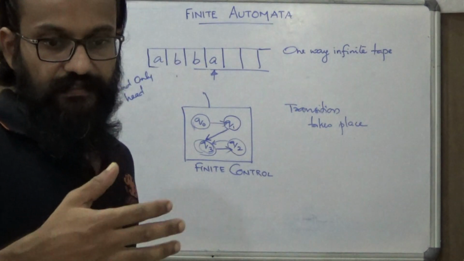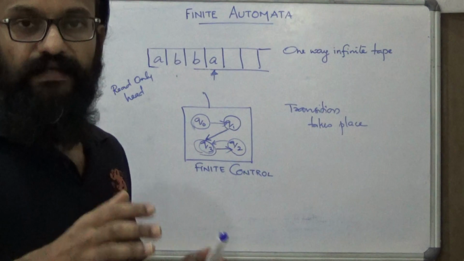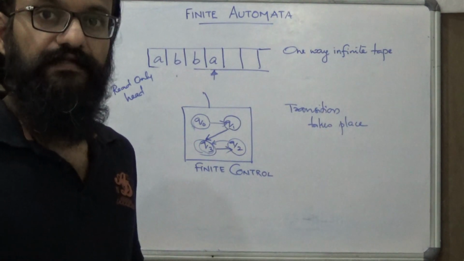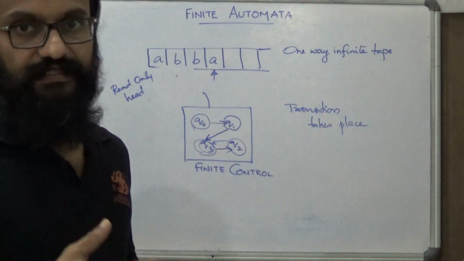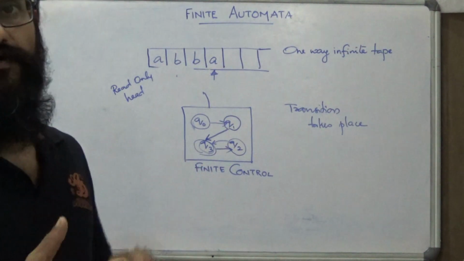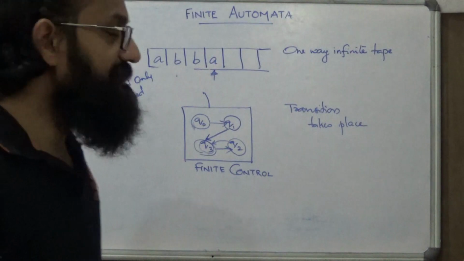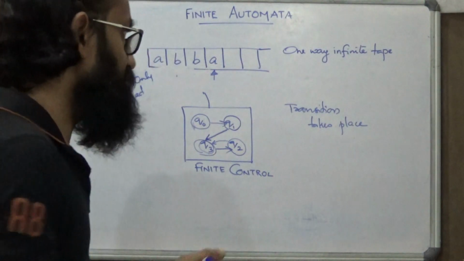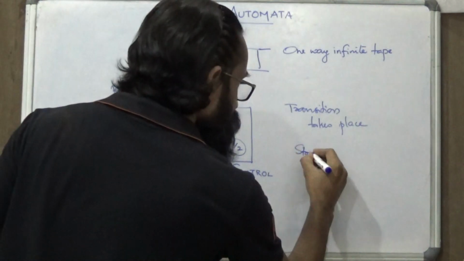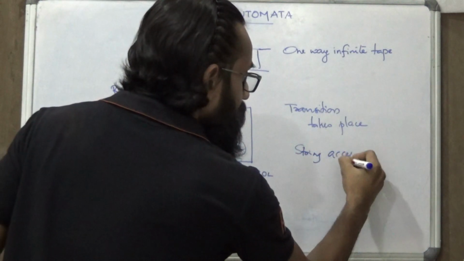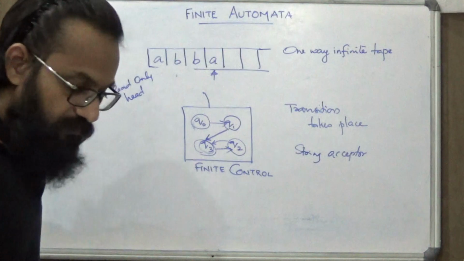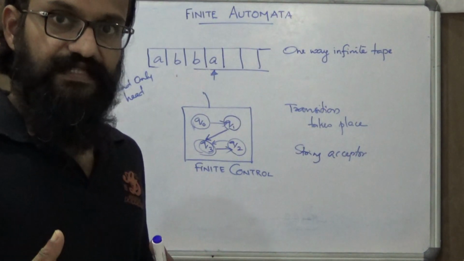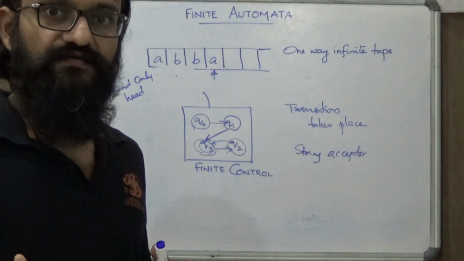By completing the read operation of the entire string, if the finite control ends up in a non-final state, then the string is said to be rejected. So that is the working of this particular model. So basically, finite automata acts as a string acceptor. This model accepts the set of strings that are valid and rejects the set of strings that are invalid.